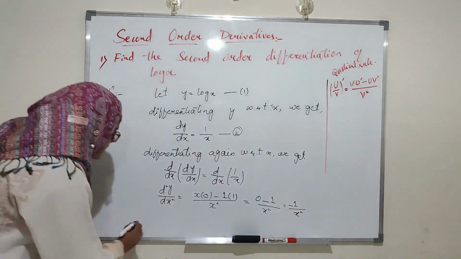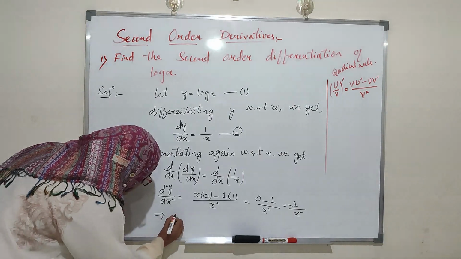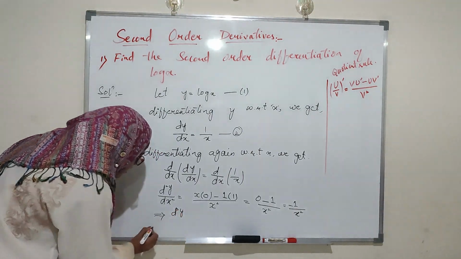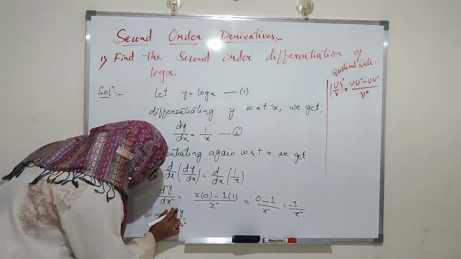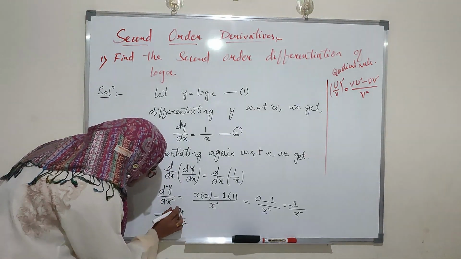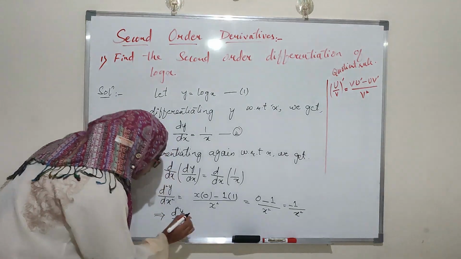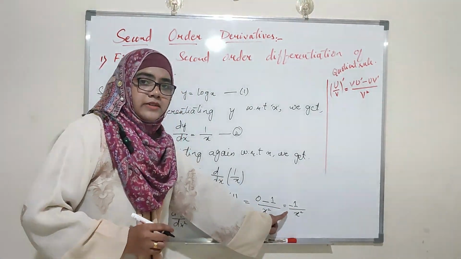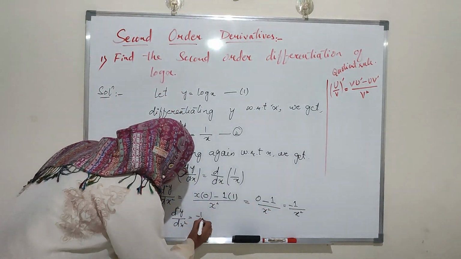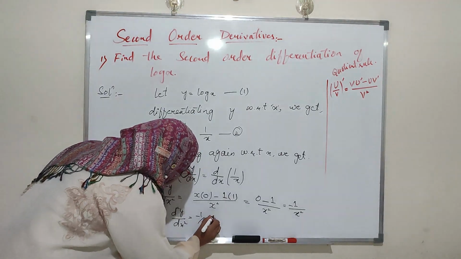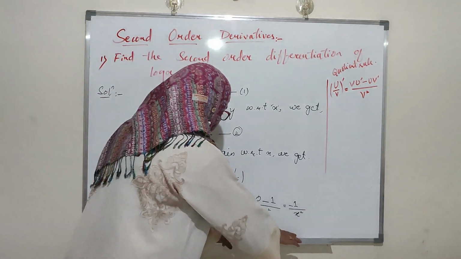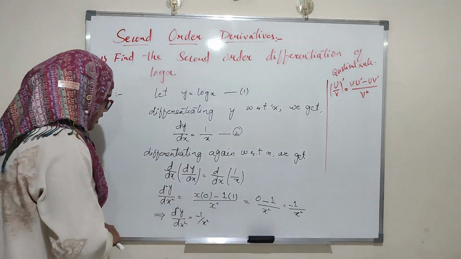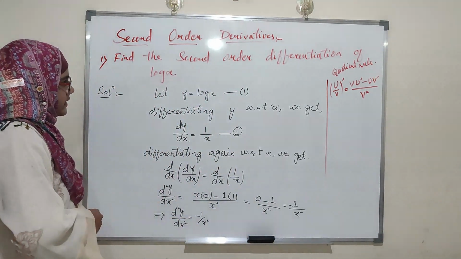So this implies d square y divided by dx square is equal to minus 1 by x square. Write this in a box.